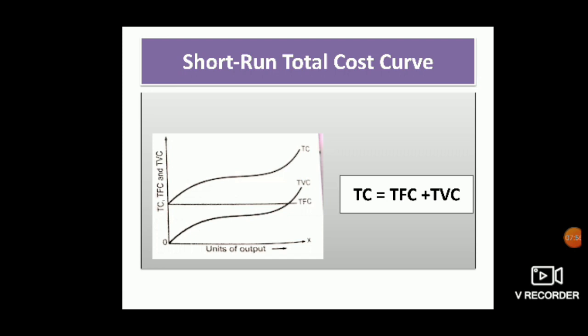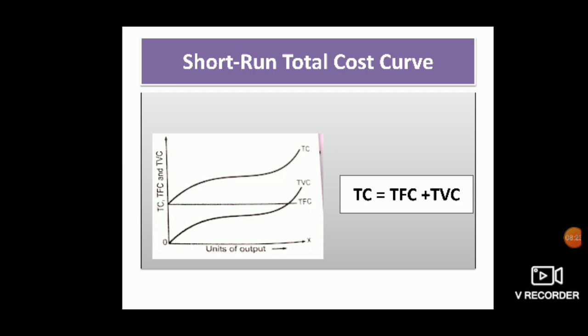Okay. So in the diagram, the total fixed cost curve is parallel to the x-axis. This curve starts from a point on the y-axis, meaning thereby that fixed cost will be incurred even if the output is 0.